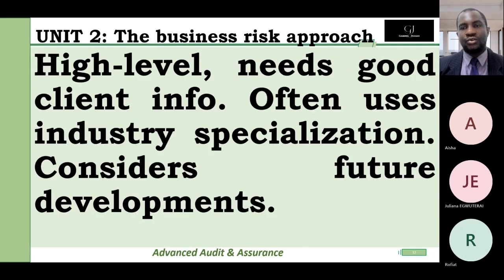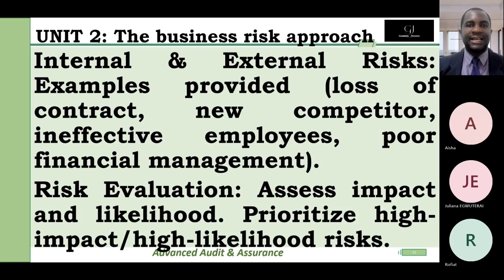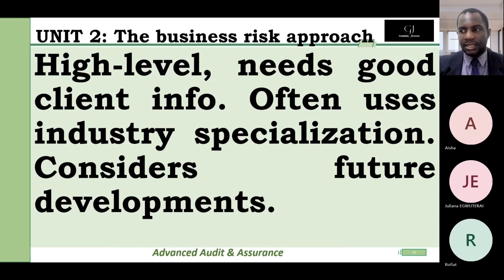Very important. So high level needs, we're talking about the client information we need to be conversant with. Often we use industry specialization and we consider future developments. So internal and external. Okay, yes, please, Julie, let's hear your thoughts.